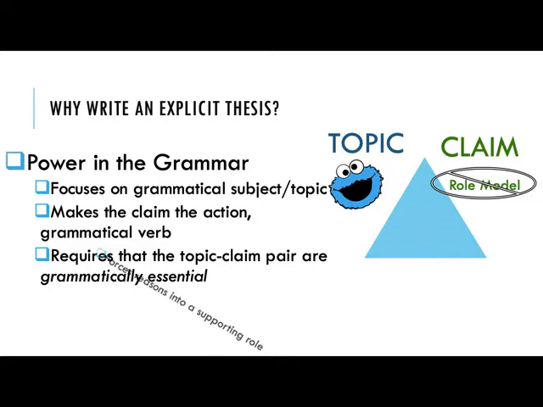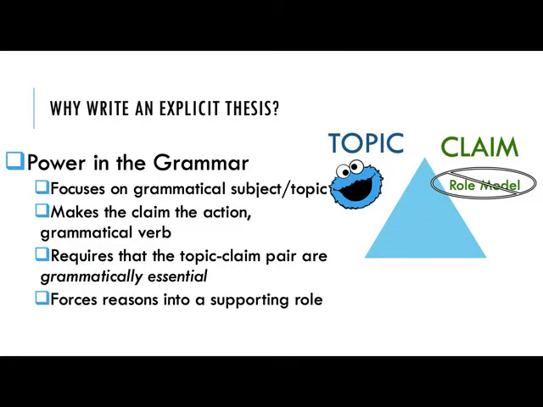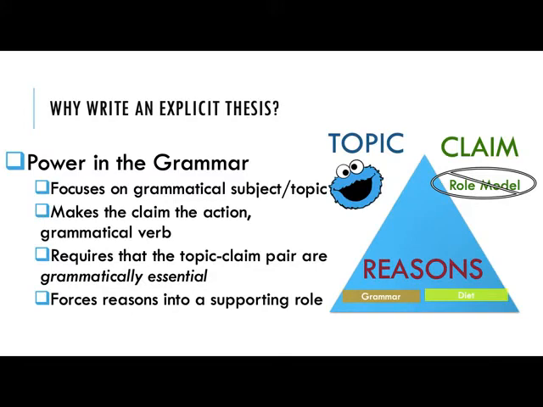And then it forces our reasons of support into a foundational and supportive role rather than essential to the grammar. So they come in and help support that topic and claim, but the topic and claim are the essential parts.